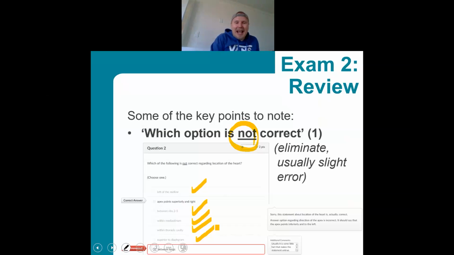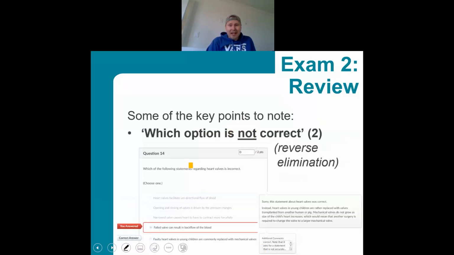So there was just an error on the direction where the apex pointed, but that made it not correct. So make sure that you pay attention to even the smaller details on these questions where we're asking what is not correct. There are more correct answers than incorrect ones. Sometimes it's easy to jump to, oh, I know this is correct, and then you don't read the keyword, which was the "not" here.